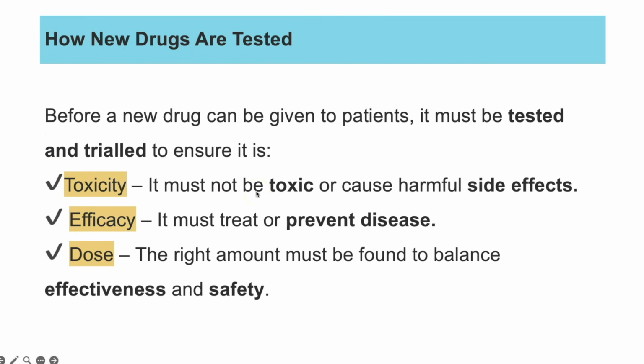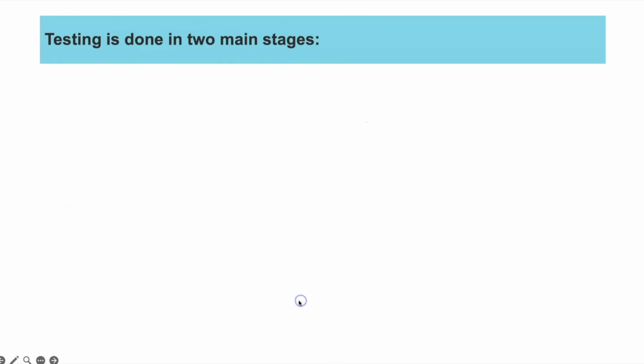Is it going to be harmful and cause side effects? Efficacy, that means does the drug actually work? So is it going to help to cure or prevent the disease? And then lastly, the dosage. You have to make sure that you know exactly how much different people should be taking so that the drug is effective, but also so it is safe and not causing harmful side effects.